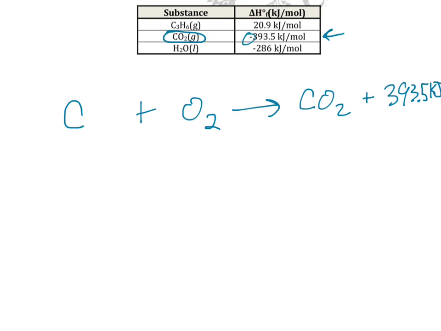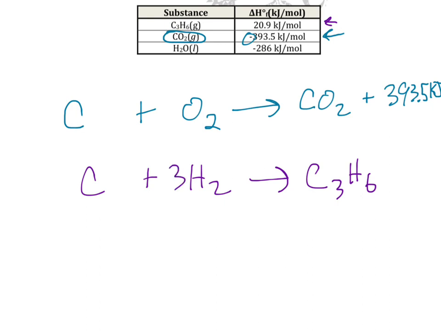Let's talk about this one above, though. This one is saying that if we had carbon plus hydrogen gas, and we form this right here, for the elements of this compound to come together to make this compound, there's a 3 and a 3 here, it'll actually absorb this much energy.